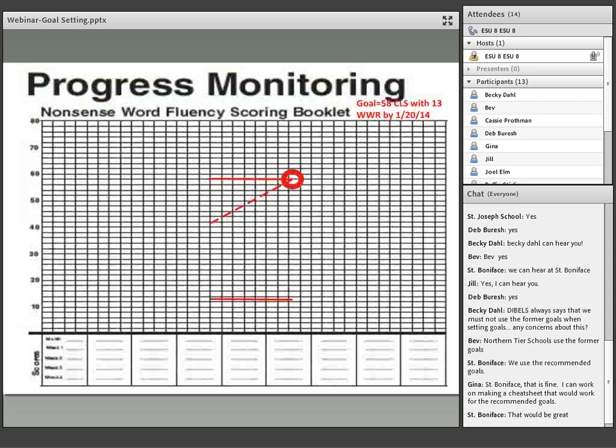What I would do for her is I would set a shorter term goal, and you can see that our goal is not way over here like the other ones were, it's here. So what we wrote up here is that goal is 58 correct letter sounds with 13 whole words read by January 20th, 2014, because we want to accelerate her growth and she's close to getting there.